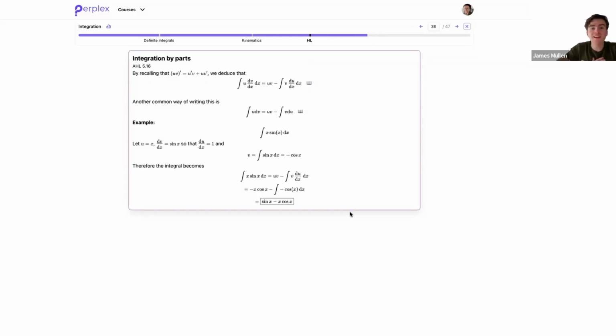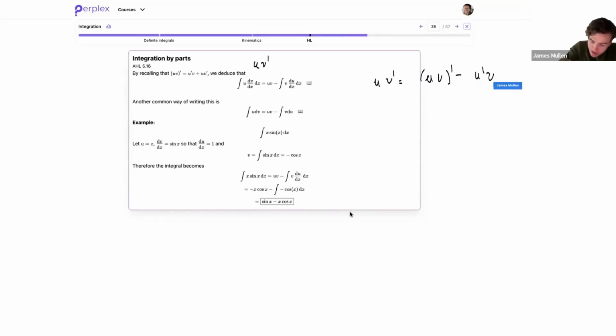Integration by parts is essentially reversing the product rule. In particular, since I know that (uv)' is equal to u'v plus uv', if I notice an integral which is of the form uv', I can say that uv' is equal to (uv)' minus u'v using my formula.